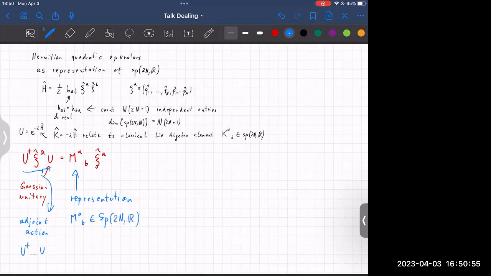And now I would like to do that in a generator way. So what's a small perturbation?